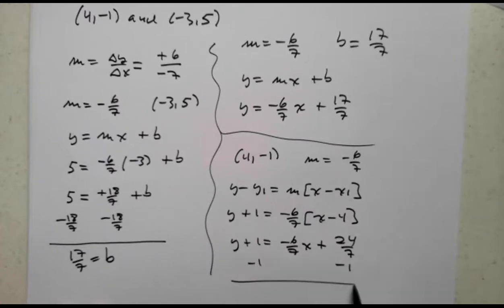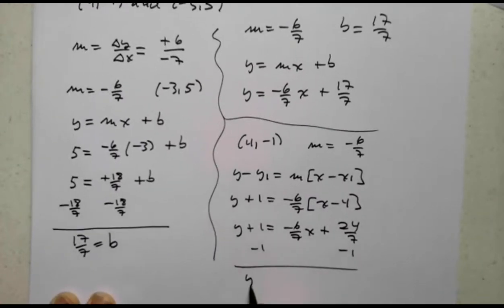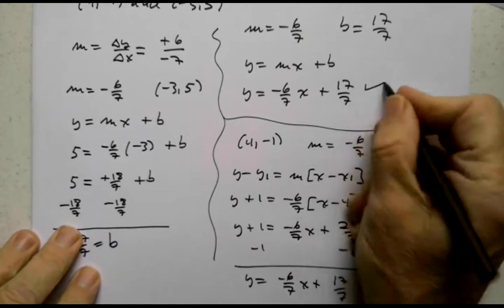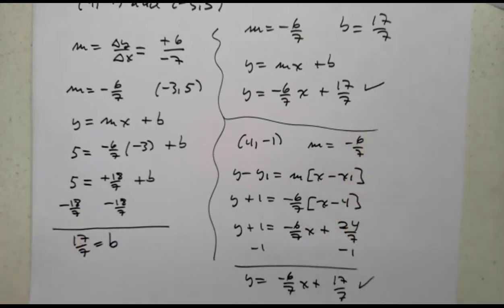Subtract 1 from both sides, and we wind up with y equals negative 6/7 x plus 24/7 minus 1. 24/7 minus 1 is 17/7. So that agrees with what we had up there. So a couple different approaches. I like solving for b, but certainly there's nothing wrong with using point slope form.